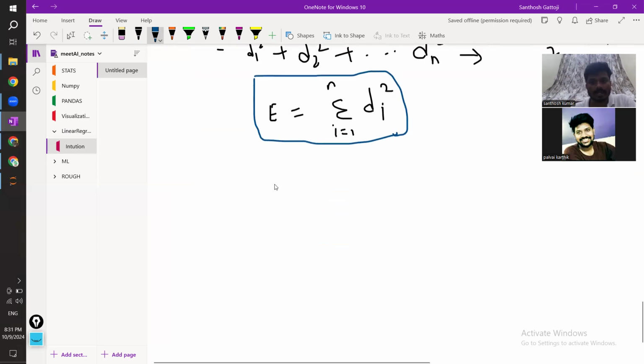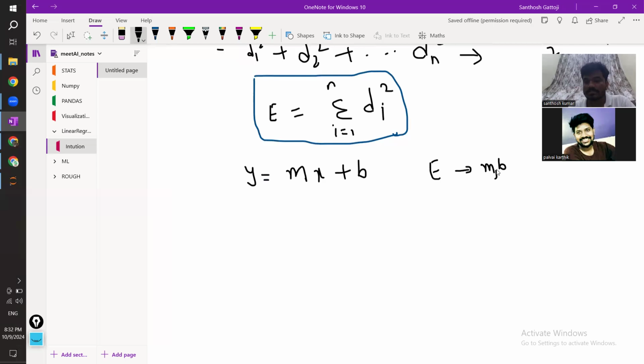Now our line, whatever line we are using, is y equal to mx plus b. This line should give us the minimum error. That means our error function is dependent on two things, m and b.